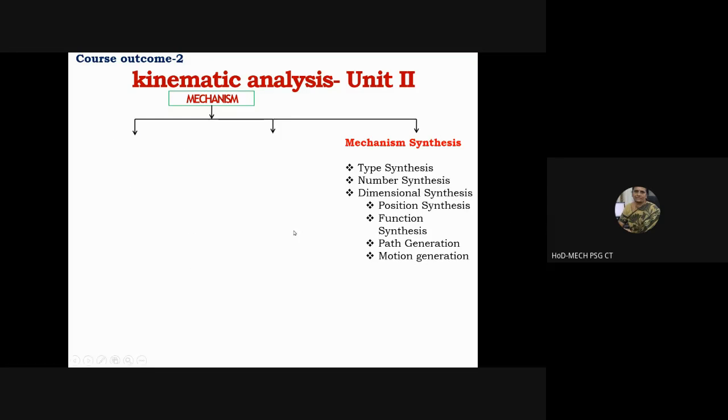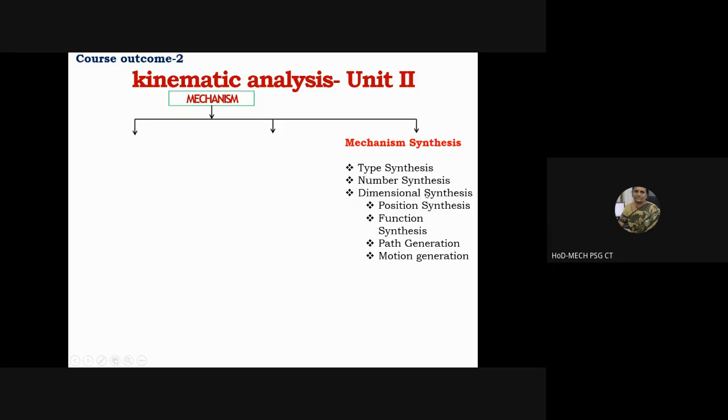Moving ahead, probably you were introduced to synthesis of mechanisms, simple mechanisms, planar mechanisms. There are three major stages of synthesis. We start with what is called type synthesis. Then we move on to number synthesis, and finally, our major task is to carry out dimensional synthesis, where we decide on the length parameters or the lengths of various links of a linkage type of mechanism.